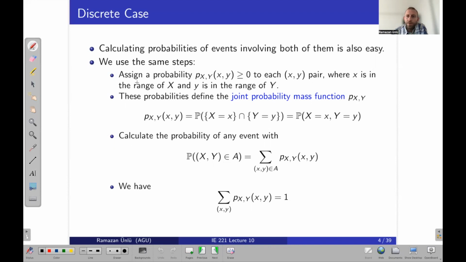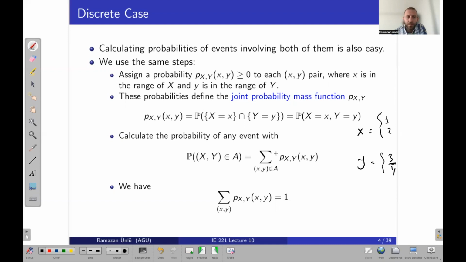We follow the same steps as in the single random variable case: assign a probability p of x and y, greater than or equal to 0, to each x and y pair, where x is in the range of X and y is in the range of Y, for example x is 1 and 2, and y is 3 and 4.